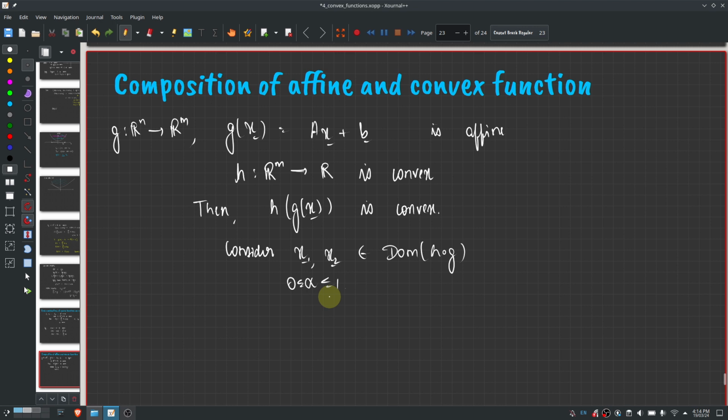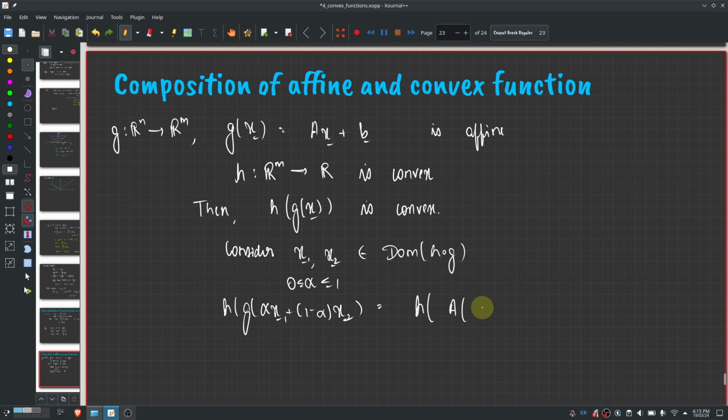What would be H of G of alpha x1 plus 1 minus alpha x2? This is equal to H of, you know, the exact form of G of x. It's an affine function, so you can always write it as a times x plus b.